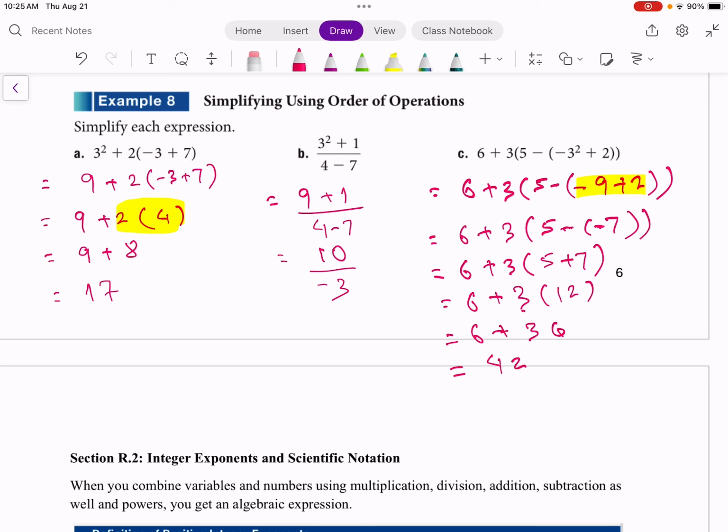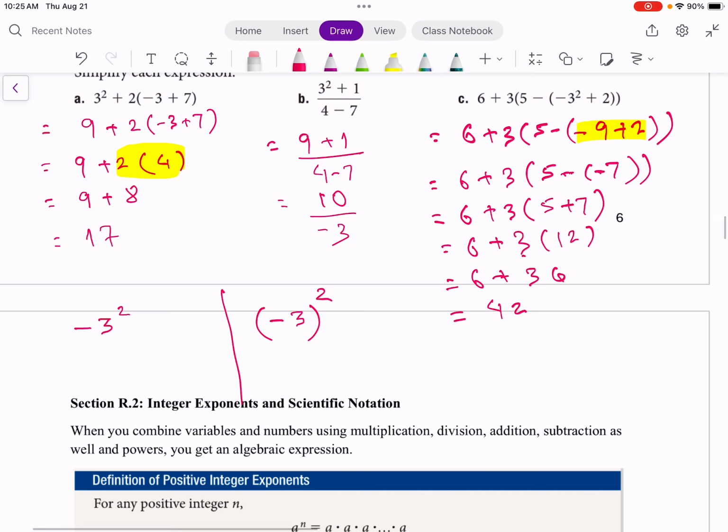Yes. Since we're squaring a negative, wouldn't it be positive 9? Okay, now let's find out. So we have negative 3 square. Next, if you have negative 3 in parentheses, squared. Now what's the difference between these two? In the first expression, we have a square for 3.